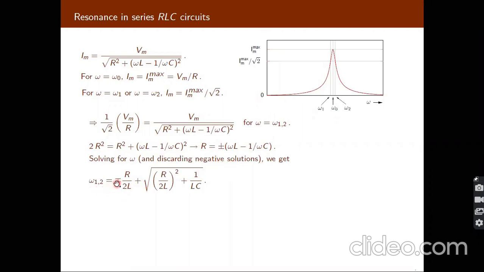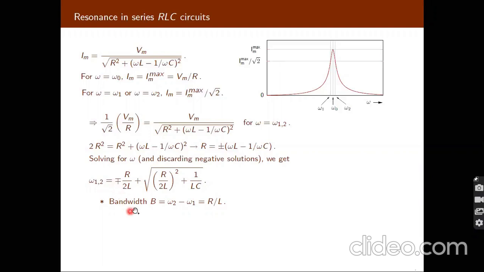So minus R by 2L plus square root of (R by 2L) whole square plus 1 by LC. If you simplify this, you will get this equation. This means these are the two roots, omega 1 and omega 2. Next, from this one we'll find omega 1 and omega 2. Omega 1 indicates the minus case, and omega 2 indicates the positive one.